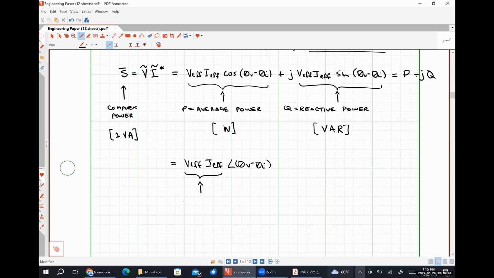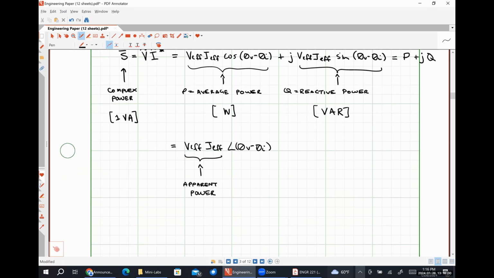We call this the apparent power. And because apparent power is nothing more than the magnitude of our complex power, it is also measured in volt amperes.